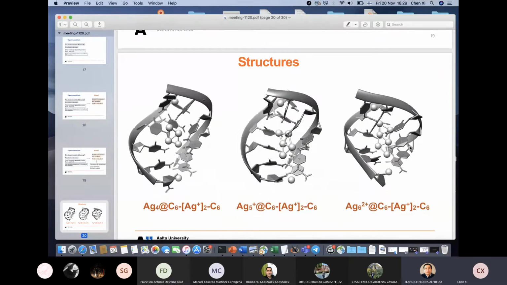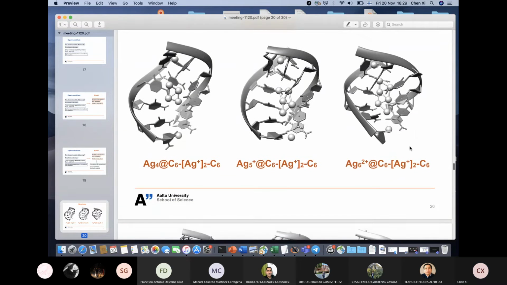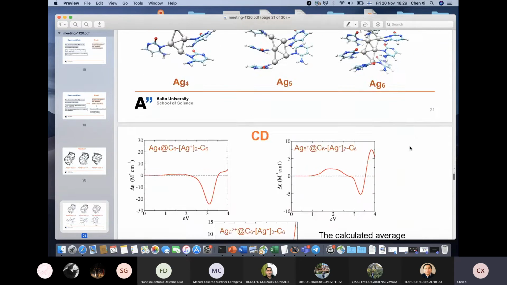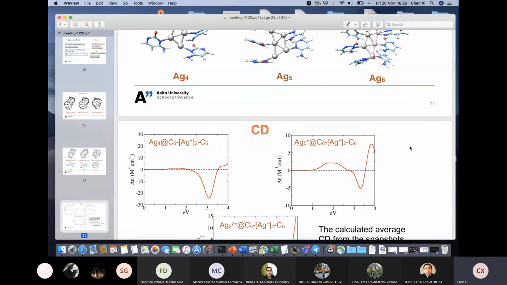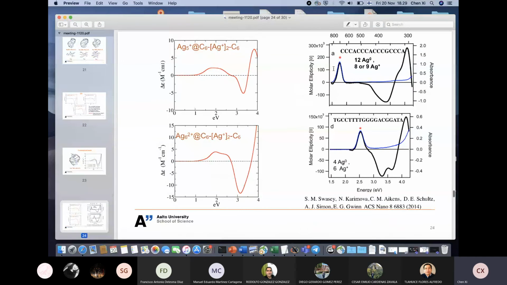Actually, not, because when we saw this paper, we already finished our manuscript, so we didn't have a look when we did our simulation. But what we tried to compare when we did the simulation was another experimental work. They reported this CD spectra. That is what we tried to compare when we did this work.